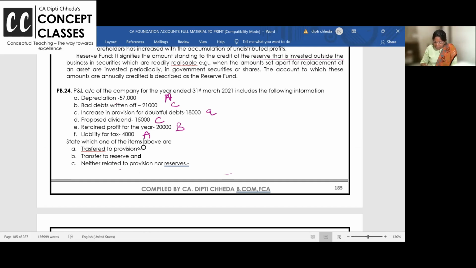It has got nothing to do. Retained profit, you will take it to reserves. And liability for tax, of course, you have to create a provision. So just write in front of this A, C, B, A. I hope this is clear. Anyone wants me to repeat?